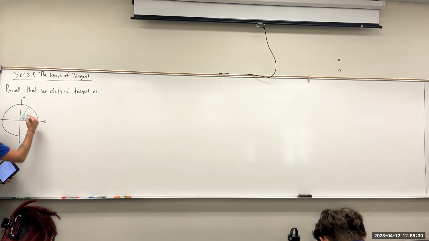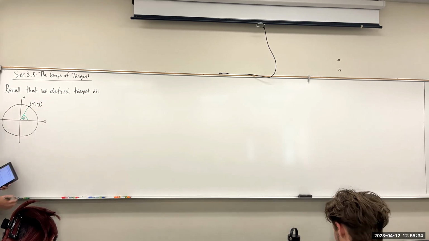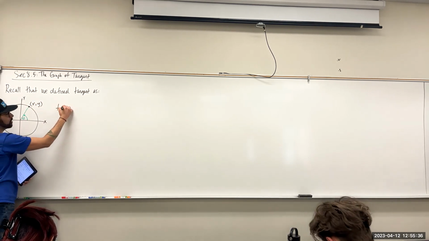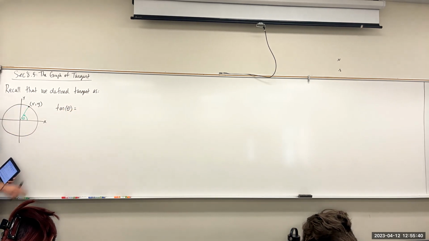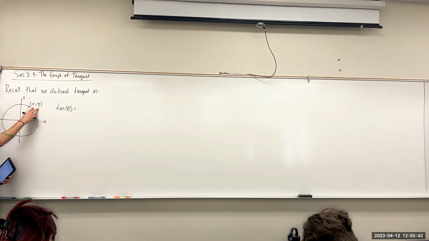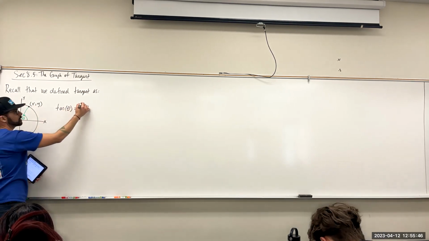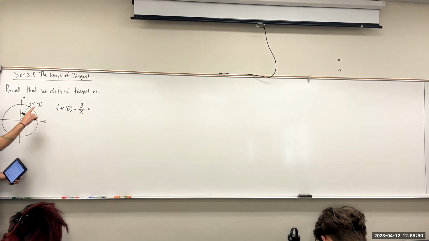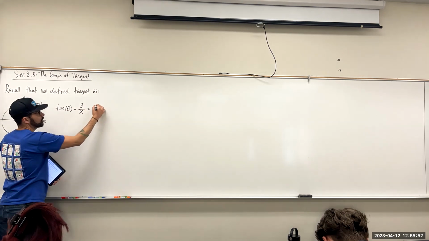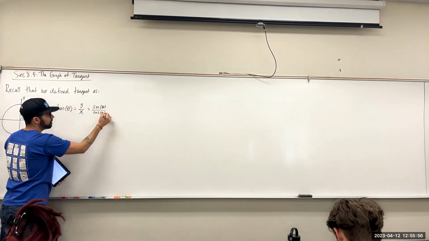And then we have that terminal point, x comma y. And so we defined the tangent of that angle theta to be what ratio? Y over x. And from what we've discussed, y we're also calling sine of theta, and x we're calling cosine theta.